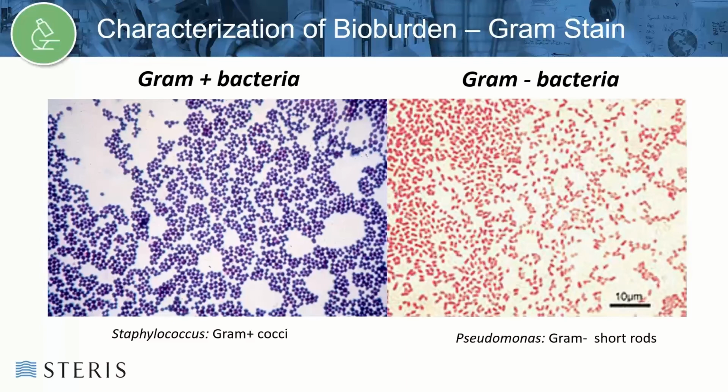Gram-negative organisms appear red from a secondary stain in the staining process due to a thin layer of peptidoglycan that is easily discolored after the primary stain. Due to the staining, the shape and grouping of cells can also be seen, and this is to assist in the identification of the organism, for example, gram-positive cocci versus gram-positive rods.